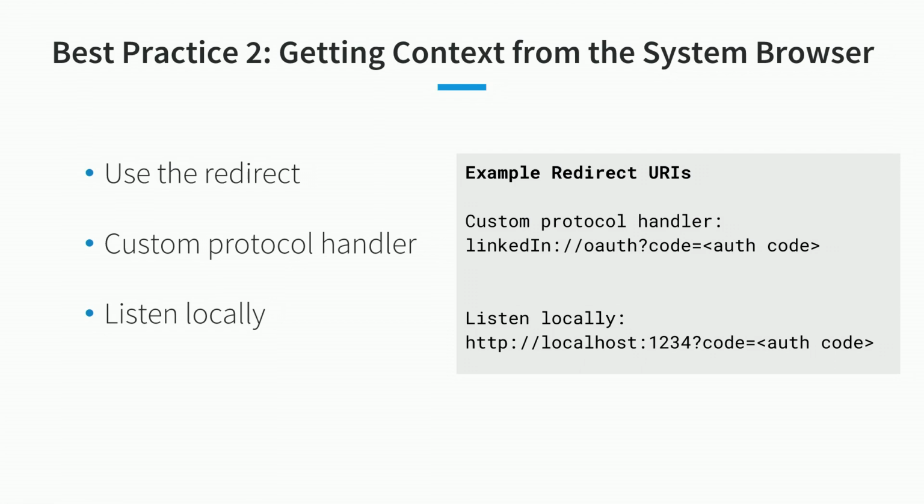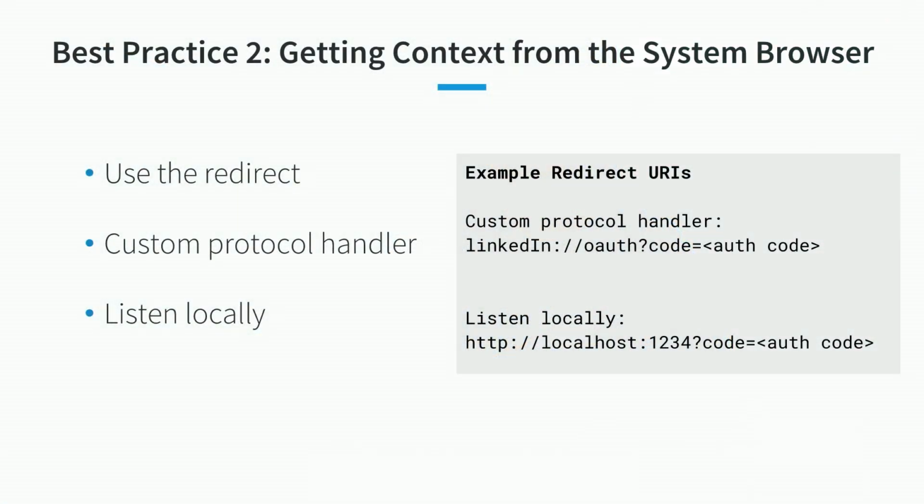All right, so that's all well and good. But if you use the system browser, you've basically lost context in your application, right? You've sent the user somewhere else. So how do you know when they've gone through the process, given consent, and the auth code has been generated, so that you can then use it to get the access token? There's a couple different ways to do this. My slide's already given it away, but the first is using a custom protocol handler.